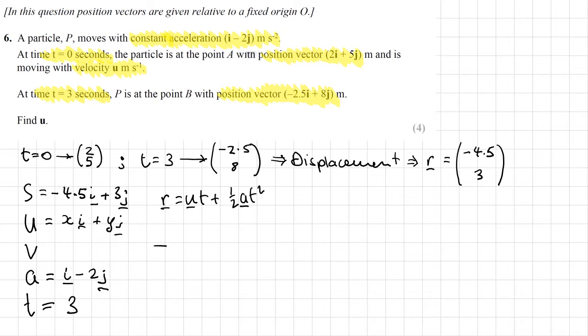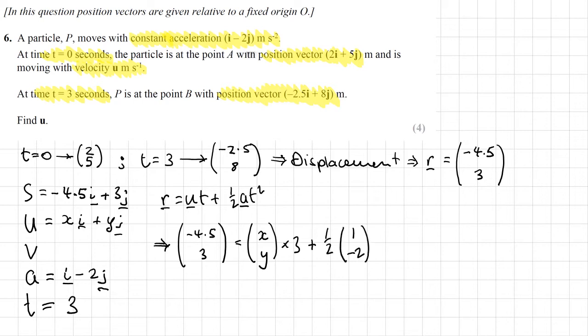So what do we have? Negative 4.5, 3 is equal to u, so that's going to be x, y, times by t, that's 3, plus half a, that's 1, negative 2, times by 3 squared.